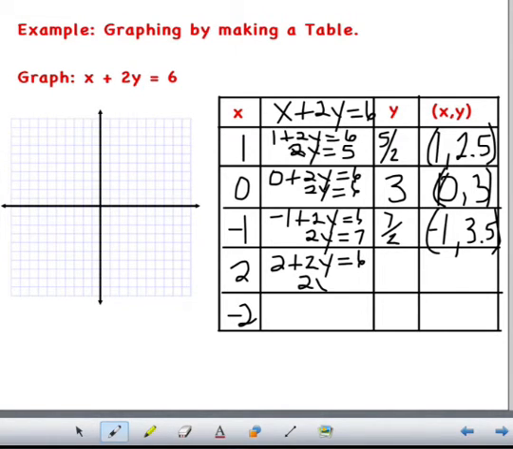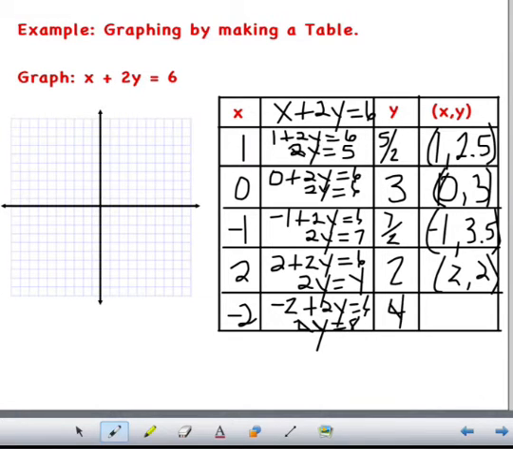So 2y is equal to 4. So y is going to equal 2. So my ordered pair is (2, 2). Plugging in my next one, negative 2 plus 2y is equal to 6. So 2y is equal to 8. So my y is equal to 4.